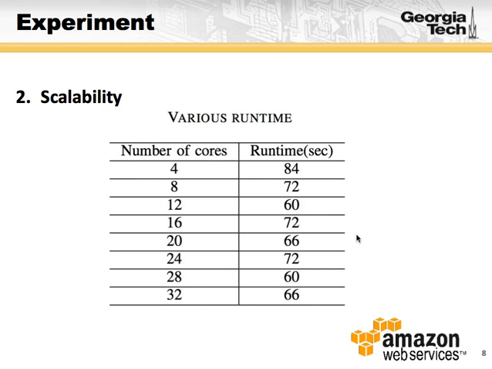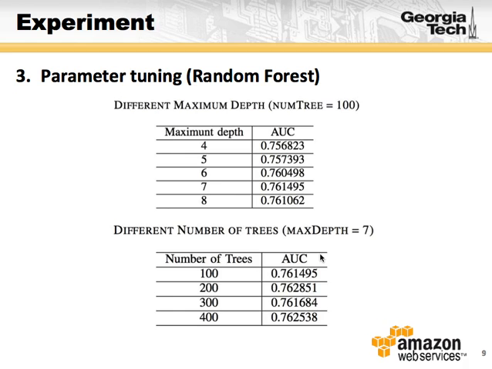As we can see, the computation time drops in the beginning. That's because the computation is done in parallel across different worker nodes. However, after this point, the computation time did not drop further. This is because the communication time comes into play, and it increases dramatically.